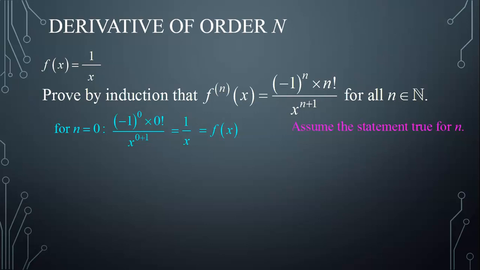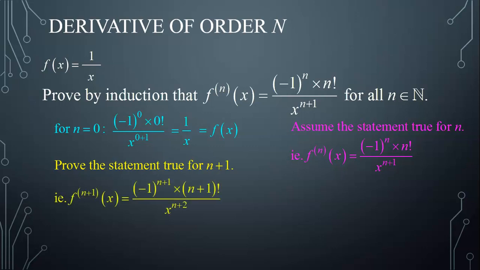However, next I assume that the statement is true for n, which means that up to rank n, we have the derivative of order n to be negative 1 to the n times n factorial over x to the n plus 1. And next, I need to prove the statement true for the next rank, which is n plus 1, which means that I need to prove that the derivative of order n plus 1 is negative 1 to the n plus 1 times n plus 1 factorial over x to the n plus 2.